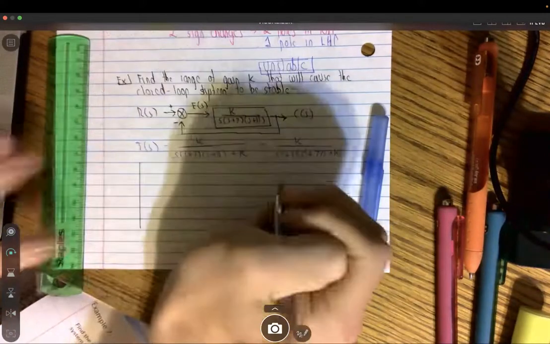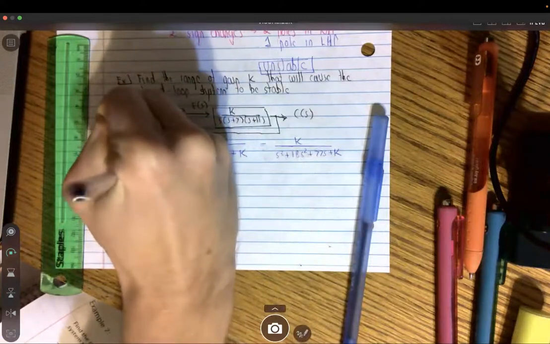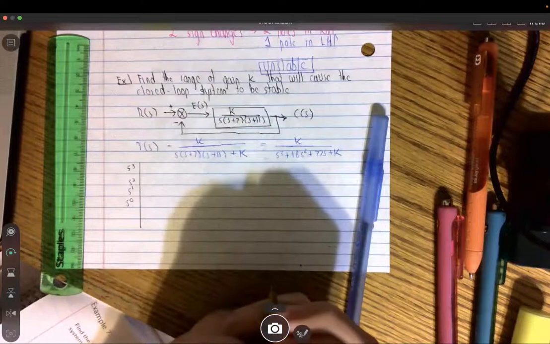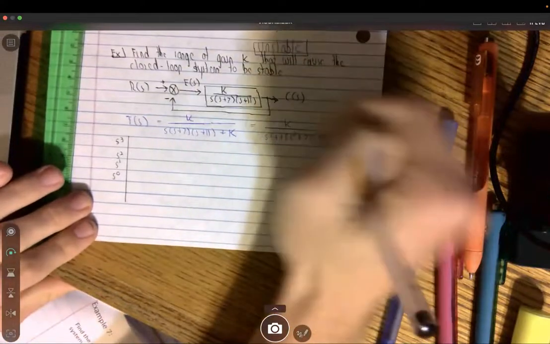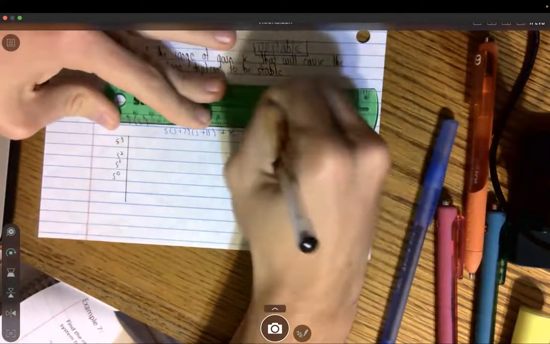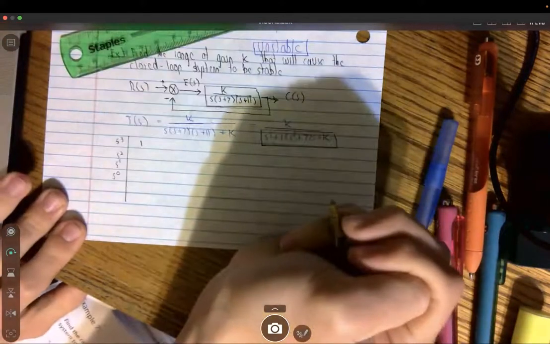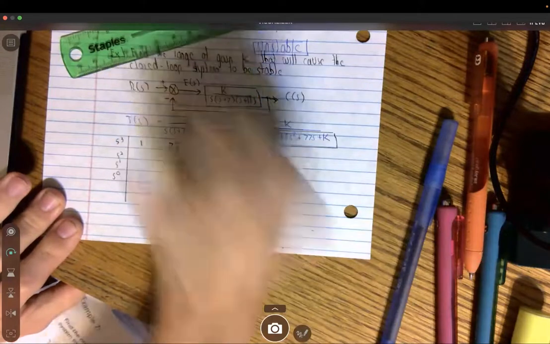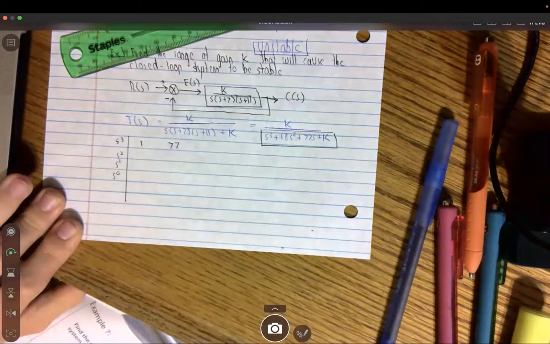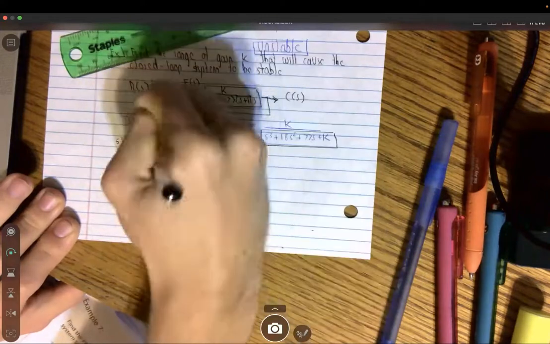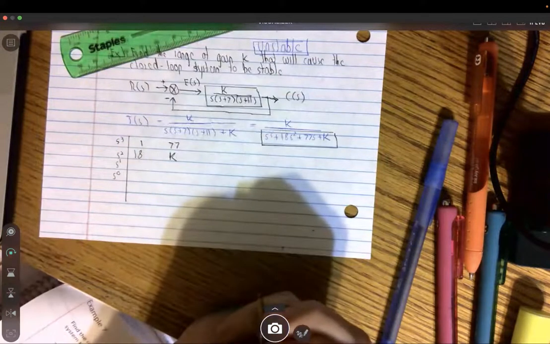It's going to start with our highest power, S cubed, then S squared, S1, S0. For the S cubed, looking at our denominator, remember you look at the denominator for your Routh-Hurwitz, the coefficient is 1, the coefficient in front of the S is 77. Then looking at the denominator polynomial, we have the coefficient of 18 here, and the coefficient for S to the power 0 is K.